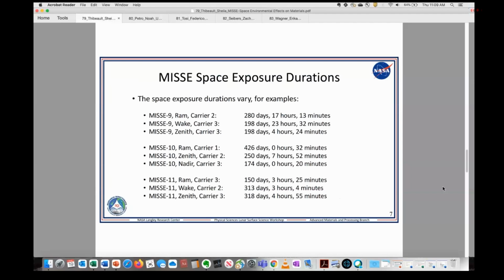That is because the specimens are covered up from the space environment every time there is a contamination event, such as with the docking of a vehicle on the outside of ISS. But we can keep track of these periods when the specimens are covered and not being exposed, and then calculate the actual duration of exposure in days, hours, and minutes. So we do know what the exposure durations are.